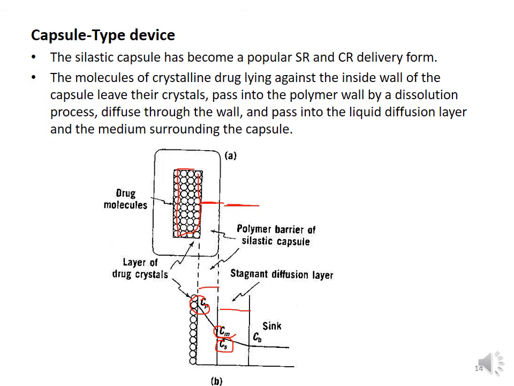This is the real difference in solubility of the drug in the polymer and in the solution, although both exist at the interface. CB is the concentration of the drug in the bulk solution surrounding the capsule.